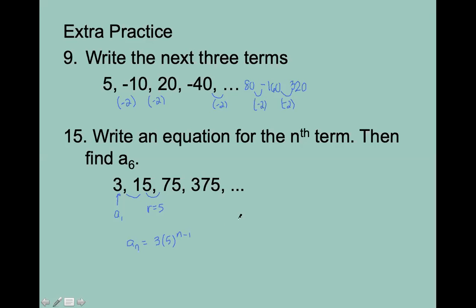Now we're trying to find the sixth term. So we're going to replace any n in the problem with a 6. So A sub 6 is 3 times 5 to the 6 minus 1, which is 3 times 5 to the 5th. Again, remember, you've got to do this exponent first, right? 5 to the 5th power is a big number, so I'm going to grab my calculator. 5 to the 5th power is 3,125.